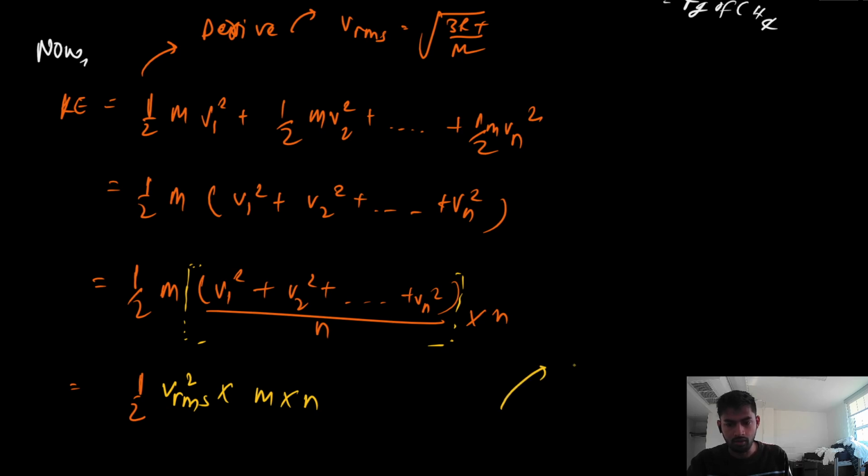Now we know that the number of moles of any given gas is computed by using the equation: given mass by molar mass.